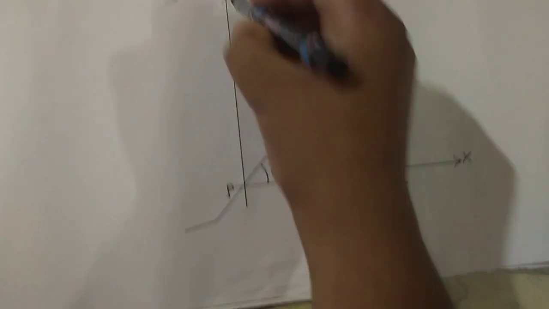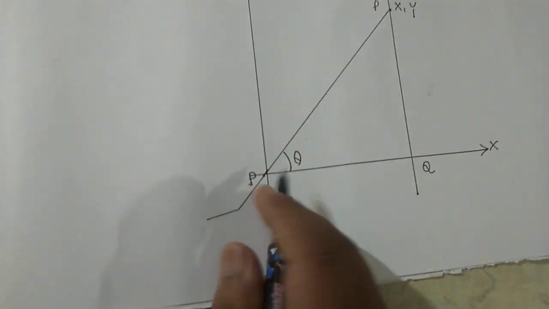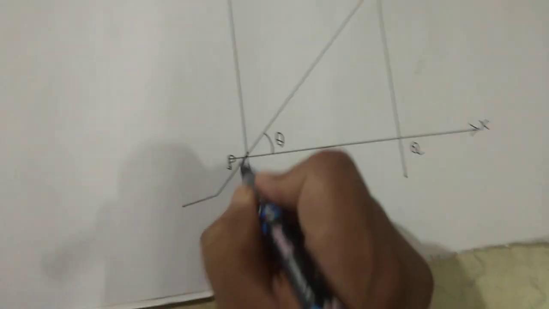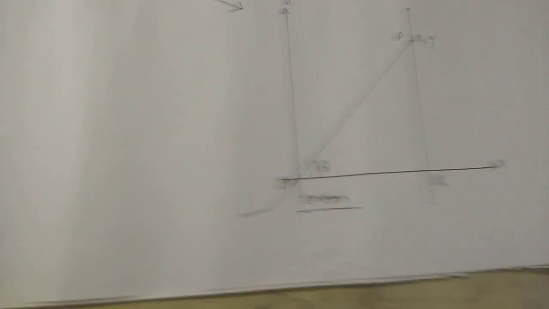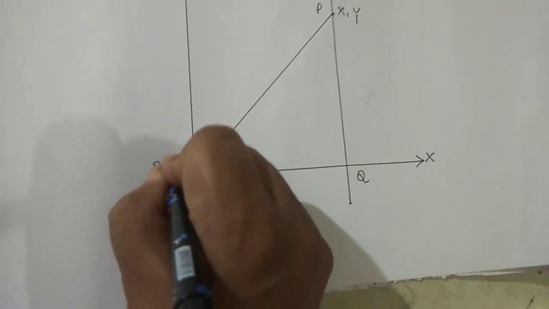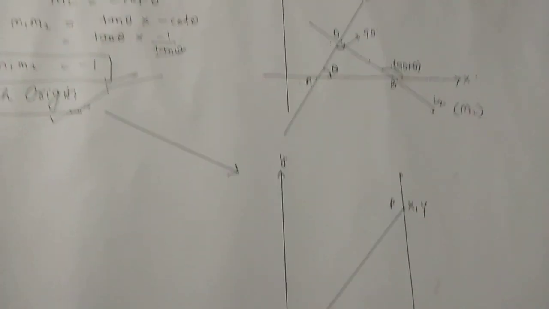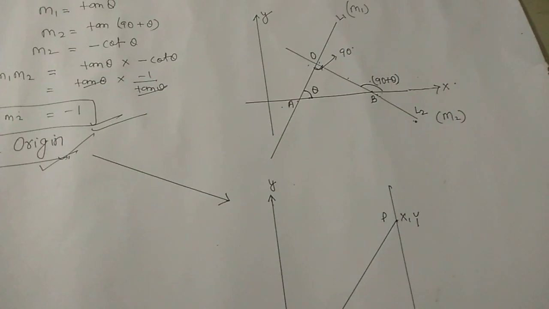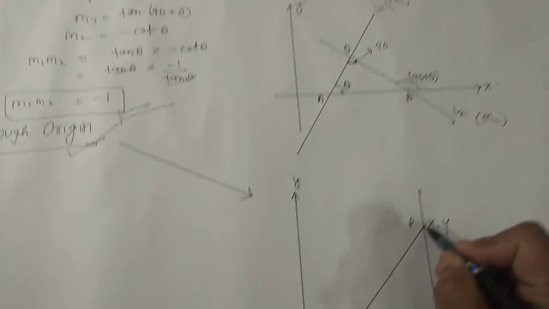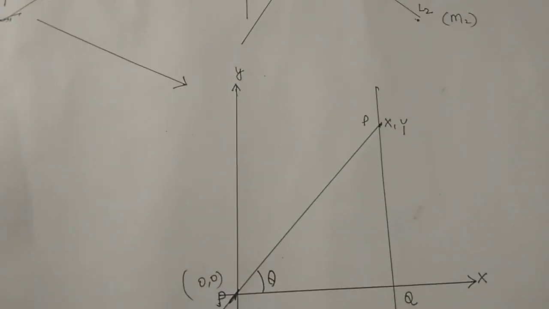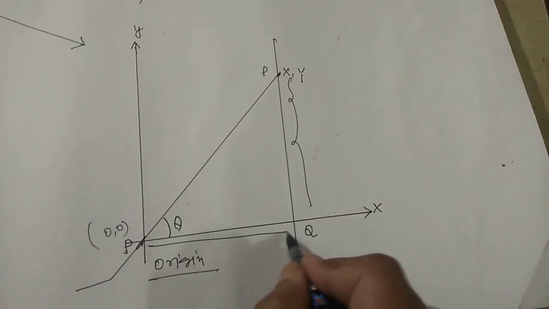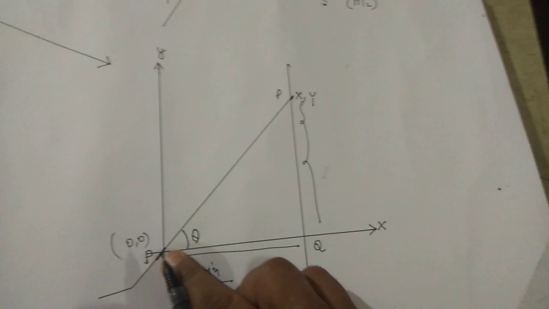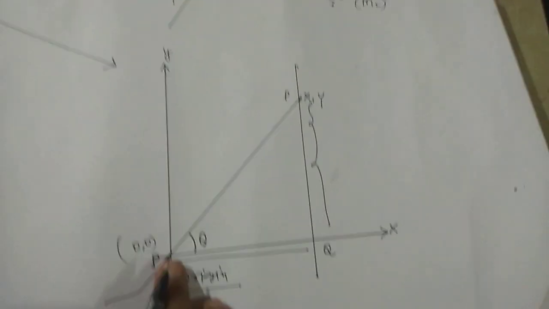Suppose this is theta, and the line is passing through the origin. So it means the origin is (0, 0). Passing through the origin, it has a point P (x, y). So this is y, this is x. Theta, opposite side is perpendicular, adjacent is base.